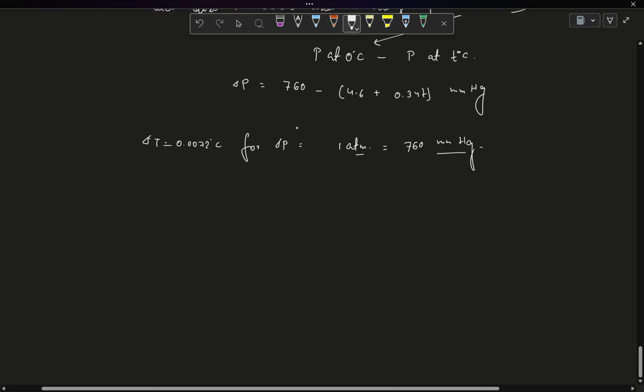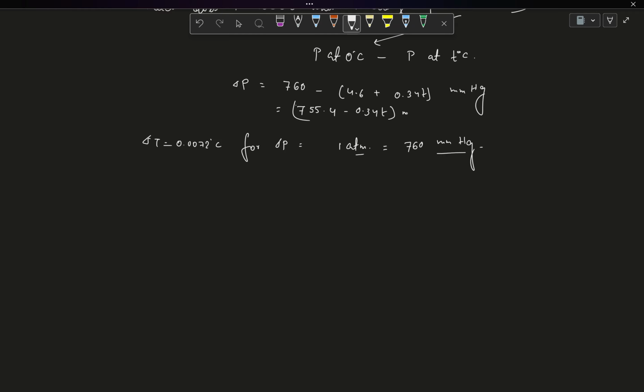So the change in pressure from 0 to T degree centigrade, the pressure decrease, becomes 755.4 minus 0.34 times T mmHg, right?